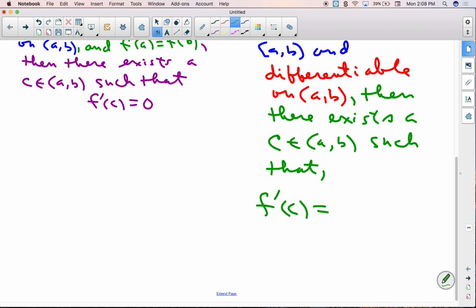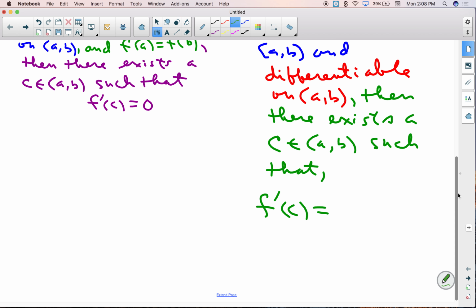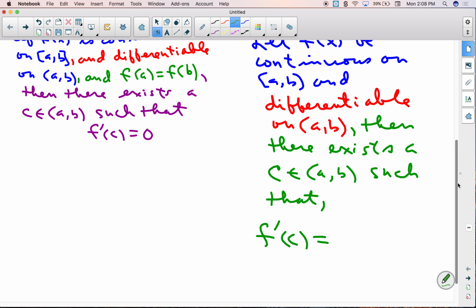Average. Good, it's equal to the average rate of change. Remember what f prime means. F prime means the instantaneous rate of change. So according to the mean value theorem, there's an actual value in the open interval where the instantaneous rate of change is equal to the average rate of change on the interval, which would be f of B minus f of A all over B minus A.